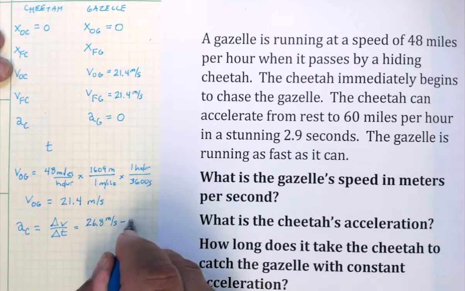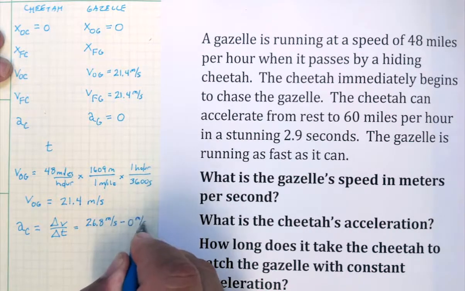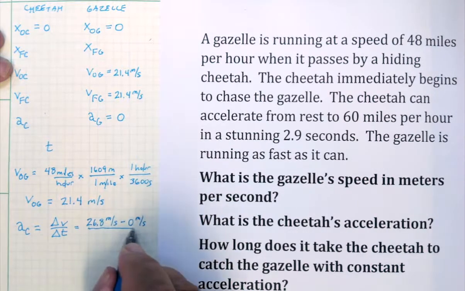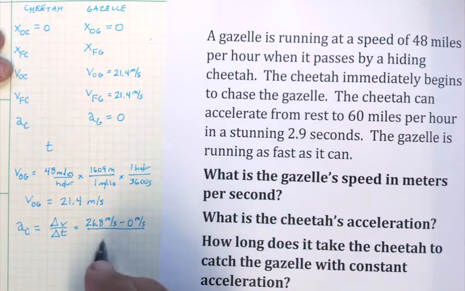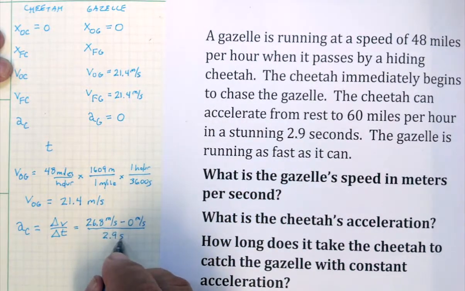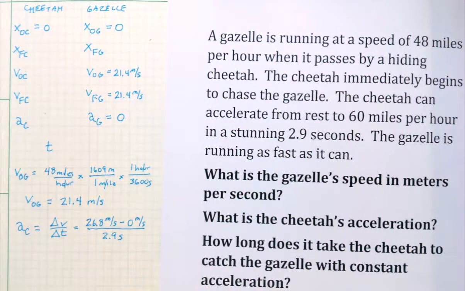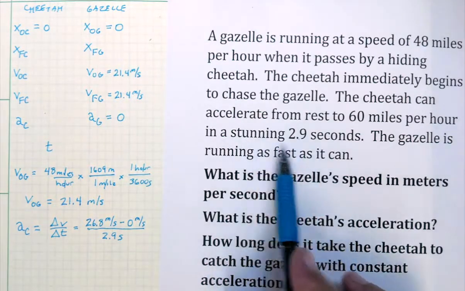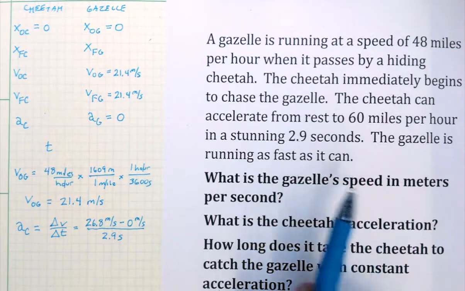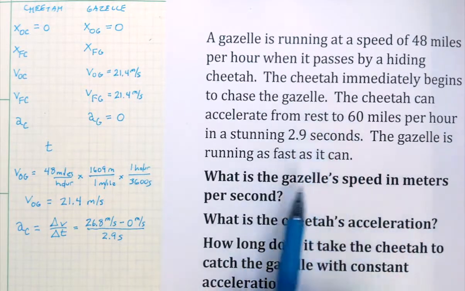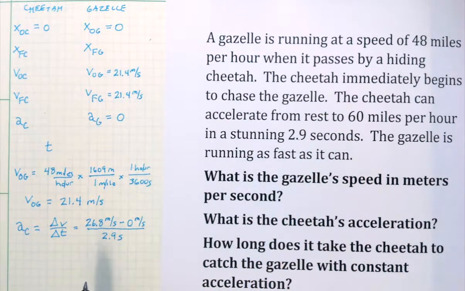And the initial velocity, of course, was 0. And that the cheetah accomplishes this acceleration in 2.9 seconds. So to calculate the acceleration, we focus only on these data right here, which tell us the cheetah can go from rest to 60 miles per hour in 2.9 seconds.